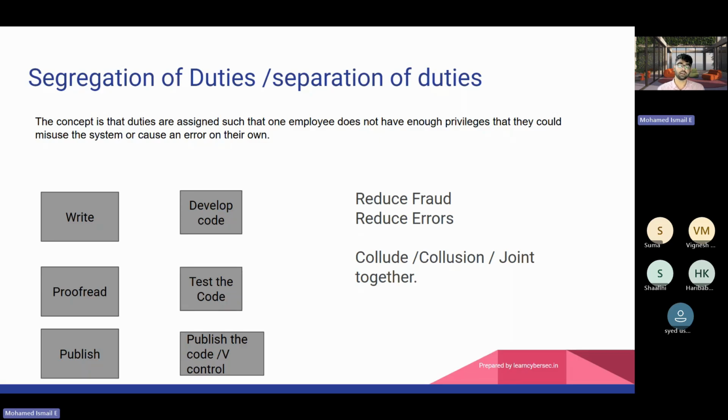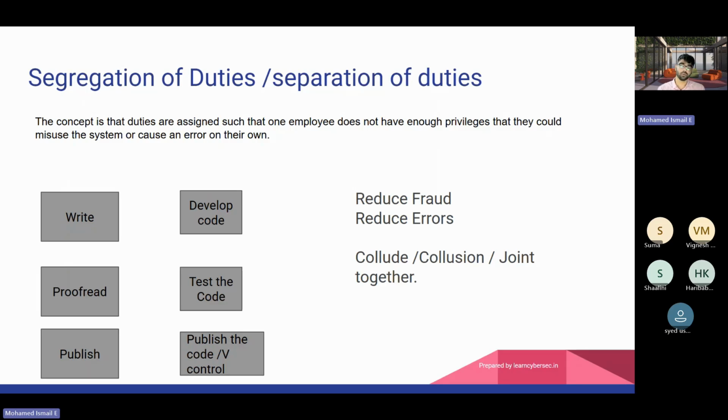Then that drafted news goes to proofreading. Proofreaders identify the grammatical errors and apply governance, compliance, and law to that particular news. Then they will publish. So just publishing a news item requires 3 people working together: journalist, proofreader, and the publishing agency.